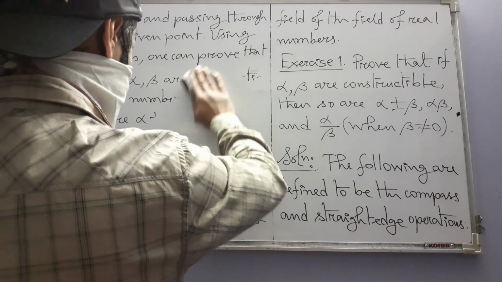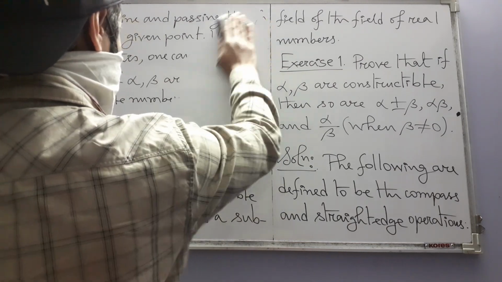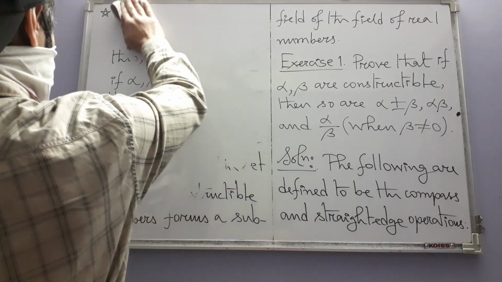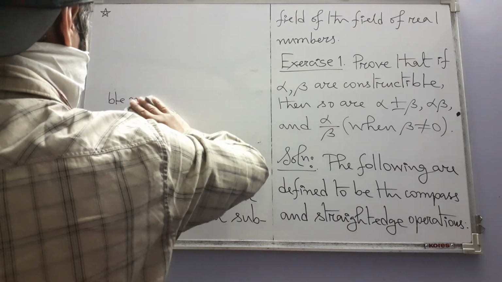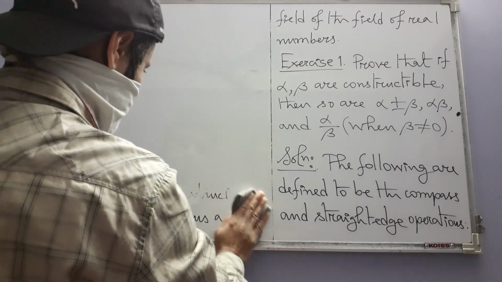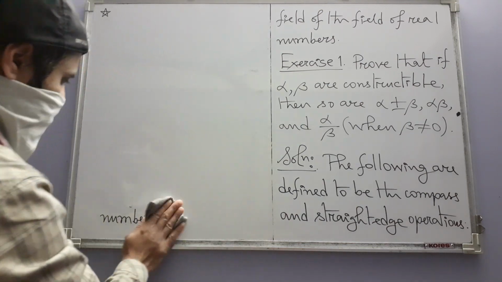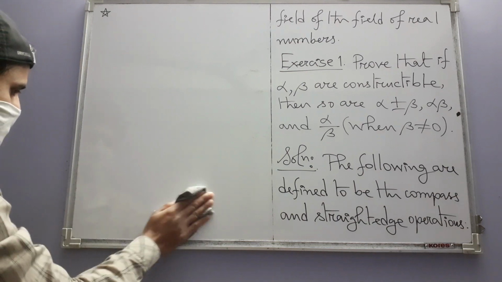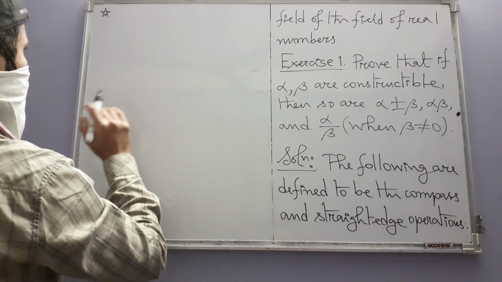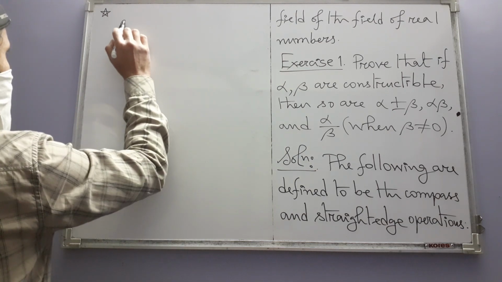There are 3 operations, and I have not made these things up. Actually they are there, you can see in that part of Euclidean geometry where you have these constructions. The first one is this.